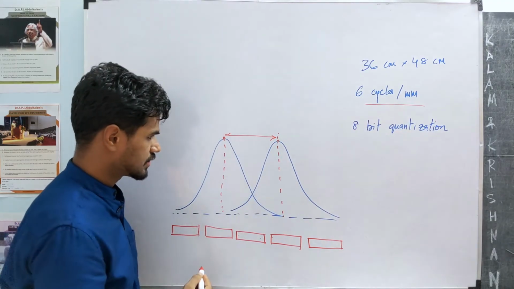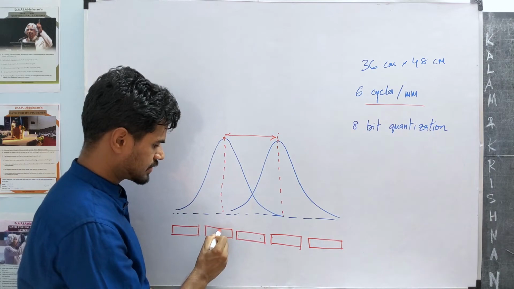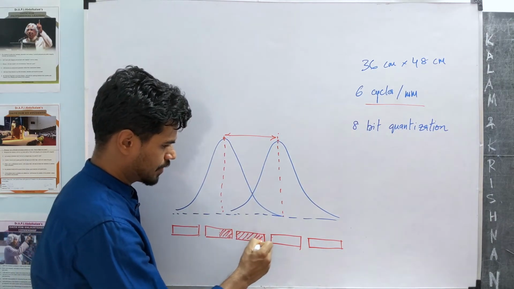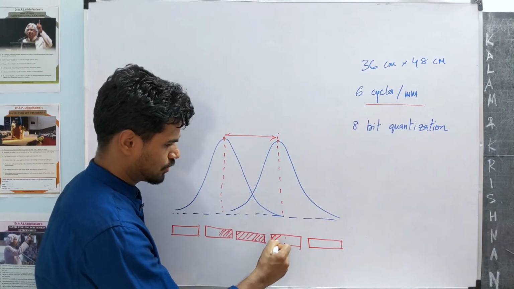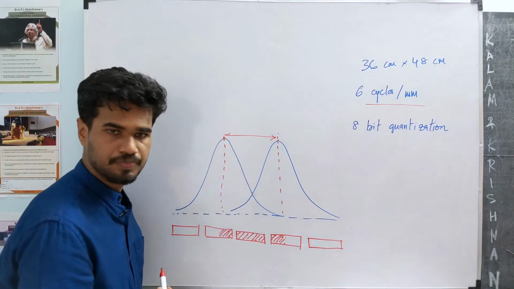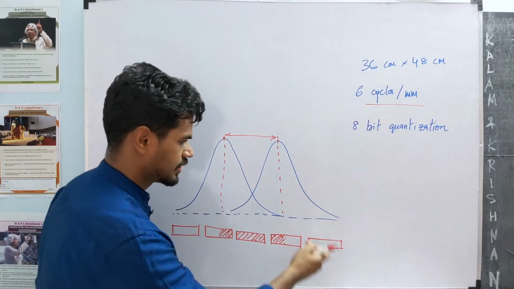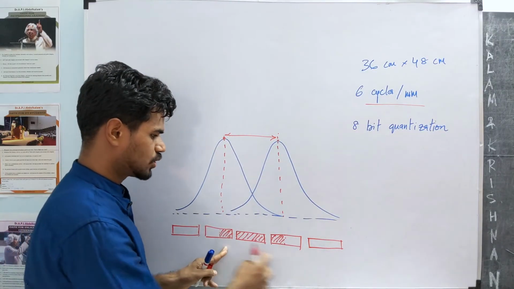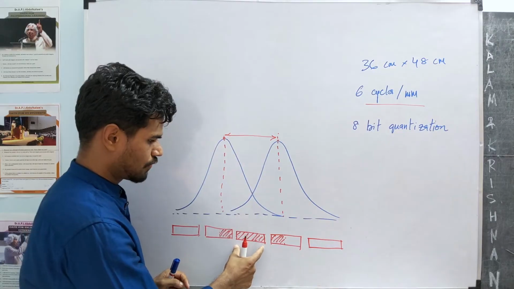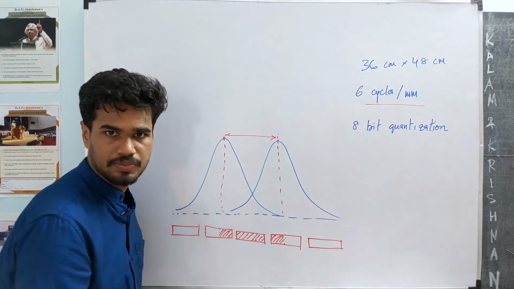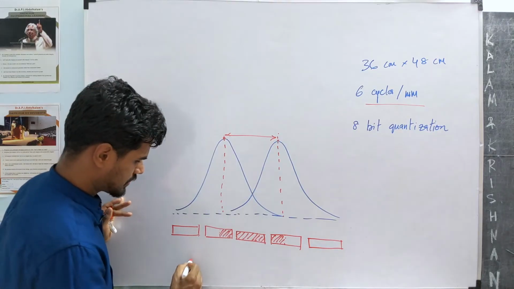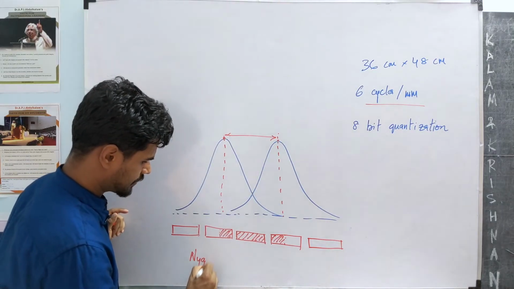If you notice, this essentially means for one cycle, we need 2 pixels, because this pixel is being shared by this dark spot as well. So one cycle needs 2 pixels, 1 full pixel and half of this. Very, very informally, this is what is known as the Nyquist frequency.